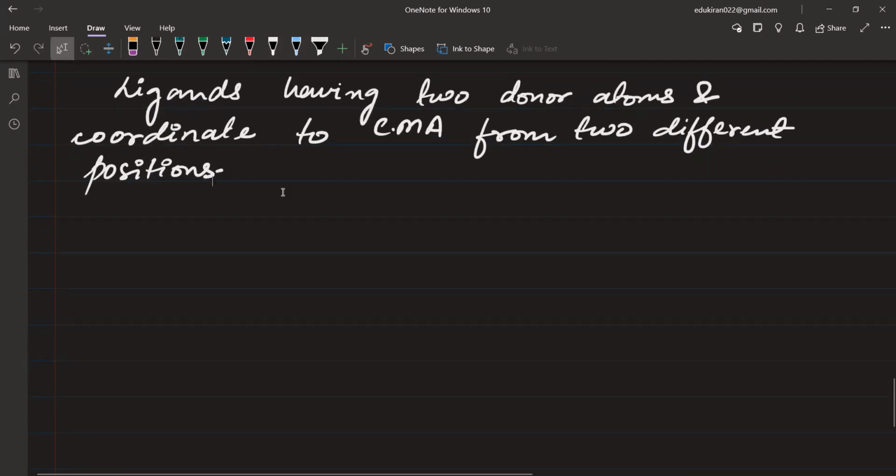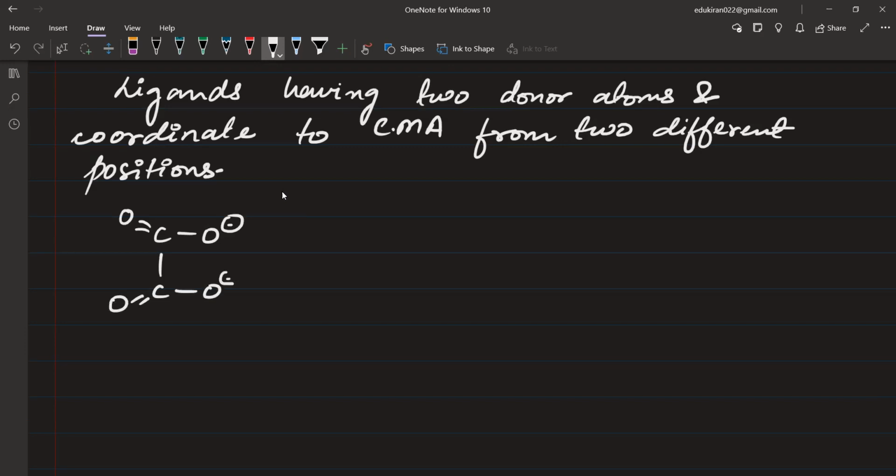For example, we have an oxalate ion. The structure of oxalate ion is C double bond O, O negative, and here we have another C with double bond O and O negative. Both of these O negative can coordinate to the metal atom.